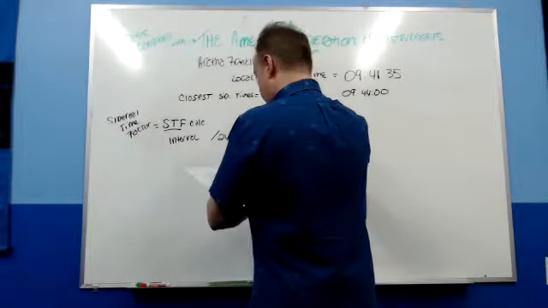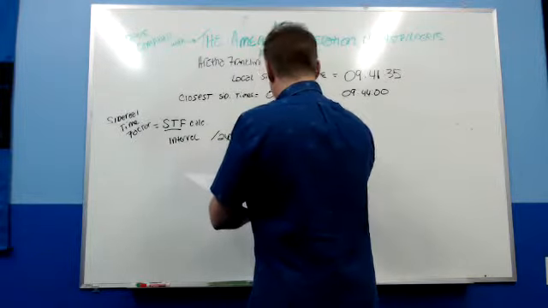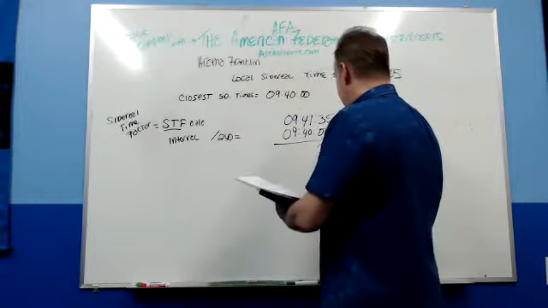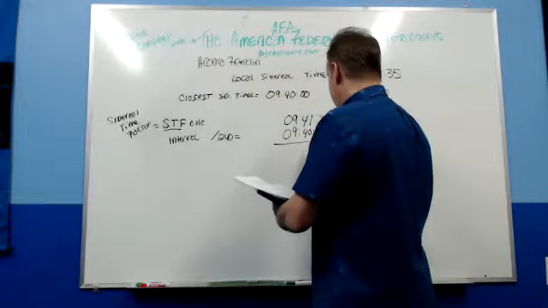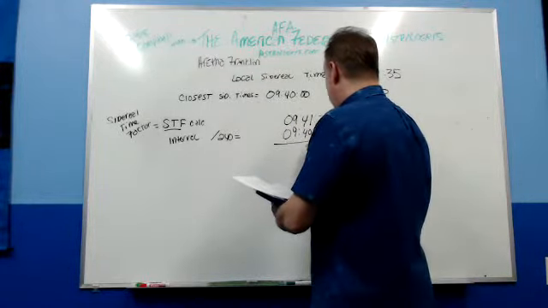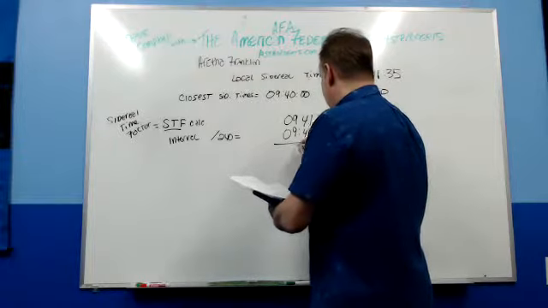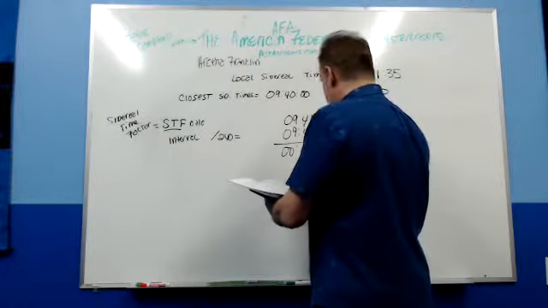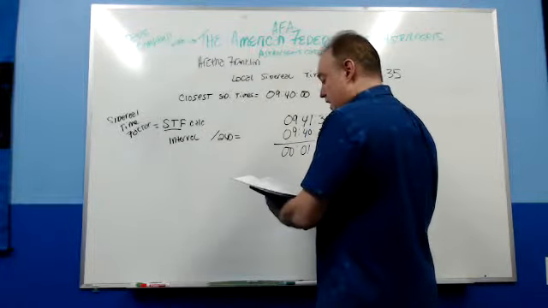So it would be 0940 as the closest earlier time. So we're going to get 35 seconds, and 41 minus 40 is 1. So we have 1 minute 35 seconds.